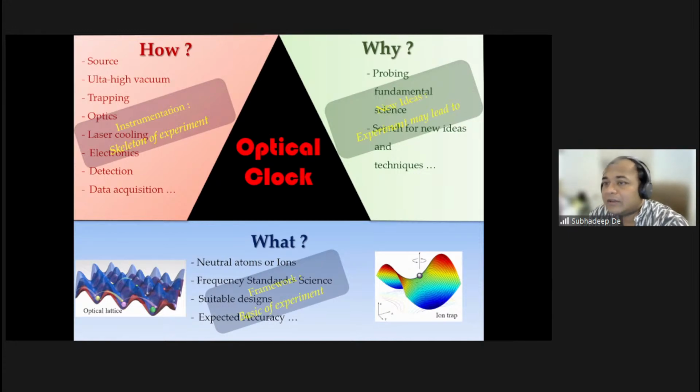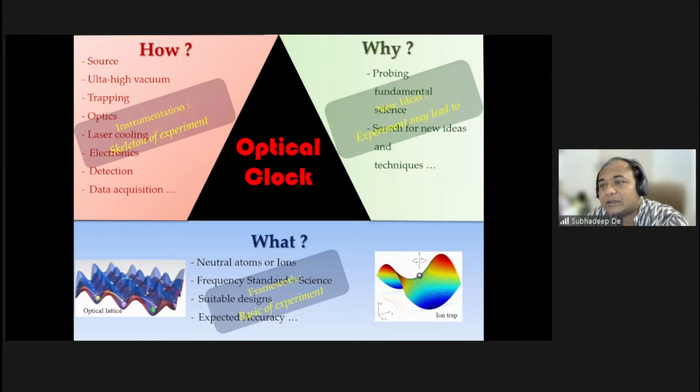So now we have explained optical clocks, the principle of optical clocks, different types of optical clocks, and how these optical clocks can be used just for accurate time keeping, and also for exploring fundamental science. But the point is, if somebody is building an optical clock, he has to keep in mind several things. And three important things are how, why, and what. So basically, what I wanted to say is that you need to know what exactly you plan to do using the optical clocks.